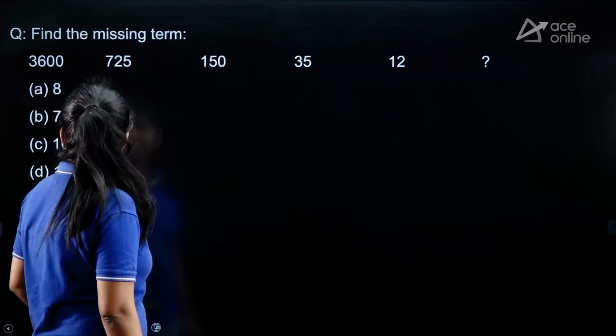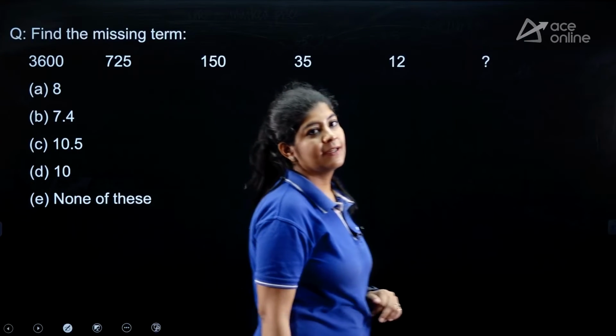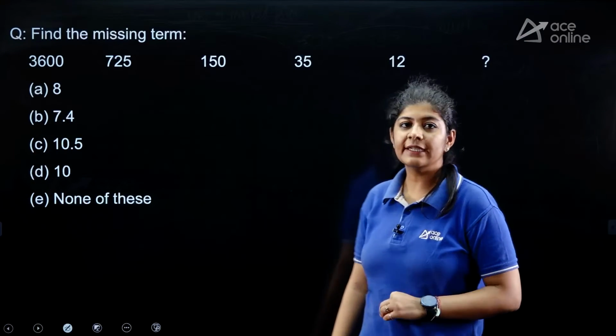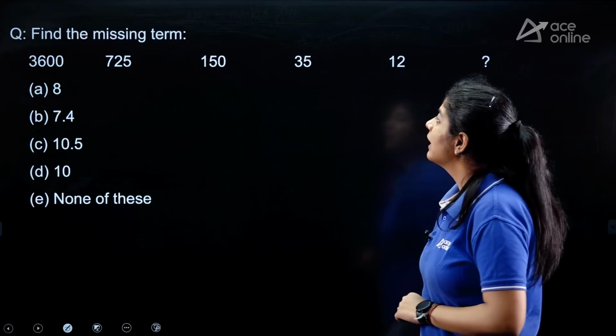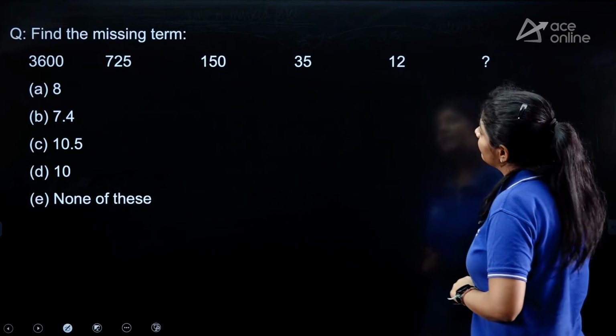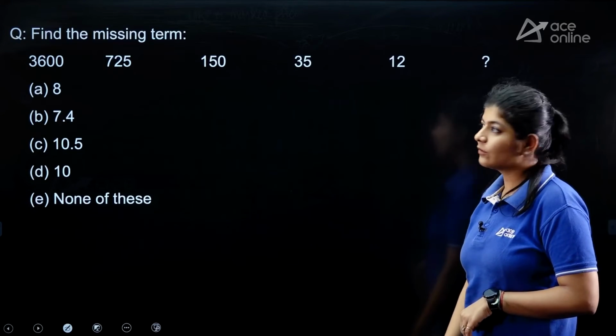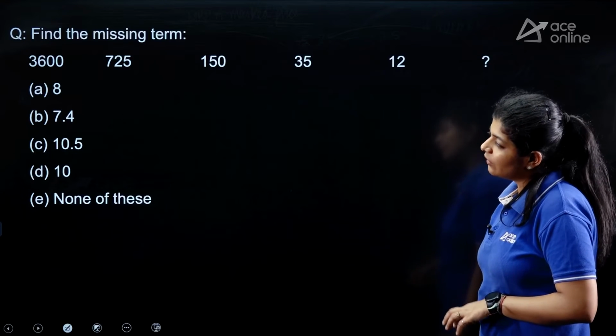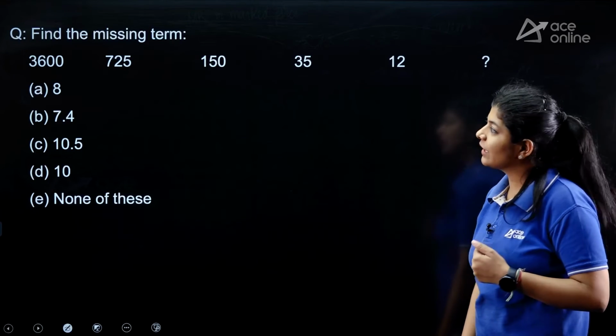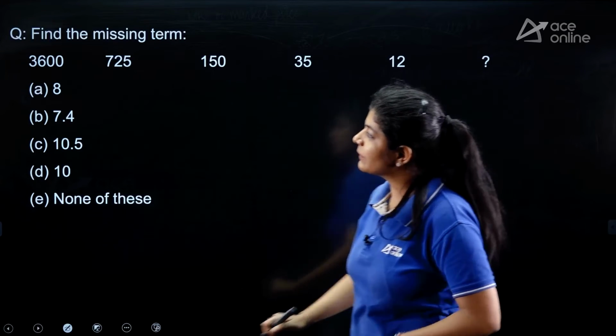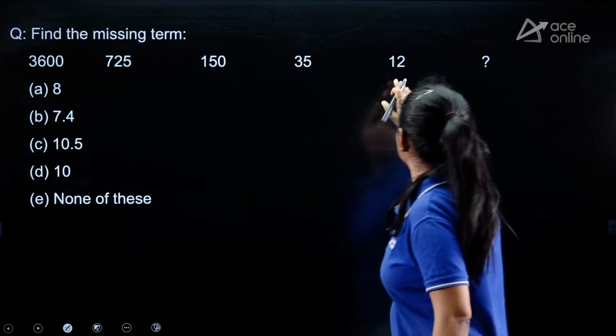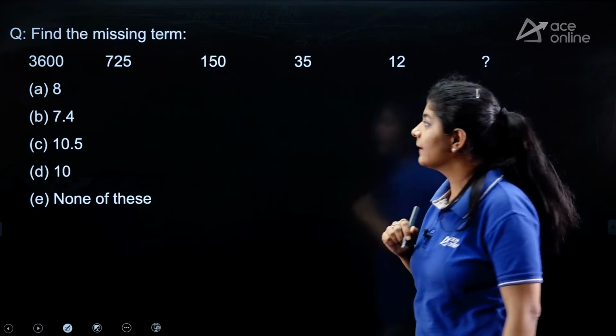Next one. The next one is saying 3600, 725, 150, 35, 12 and the question mark, right? If you see the numbers carefully, the difference between this term and this term is quite huge, right?